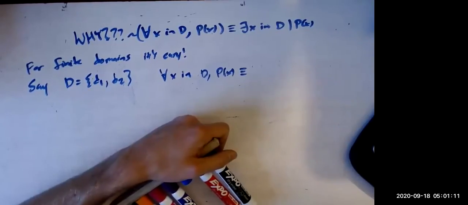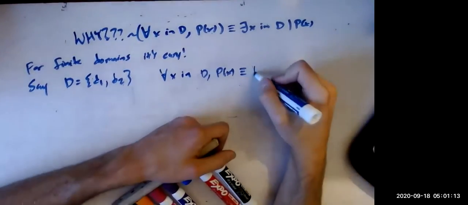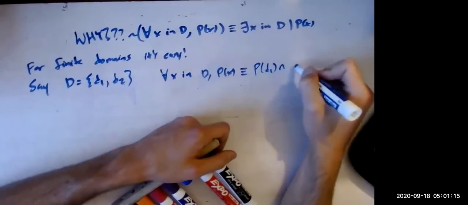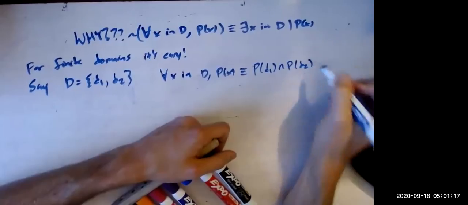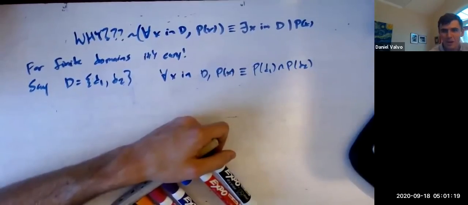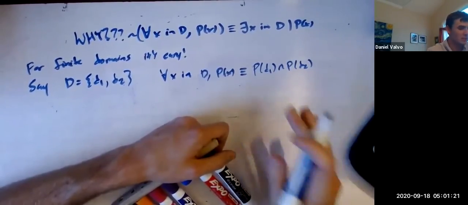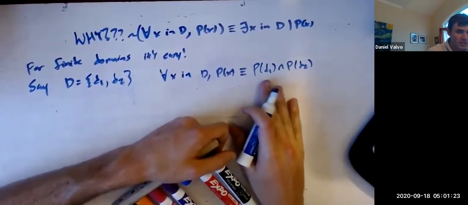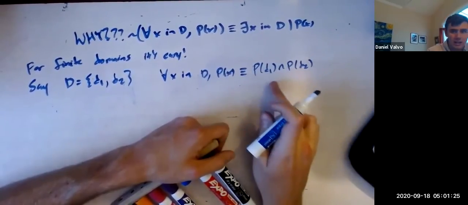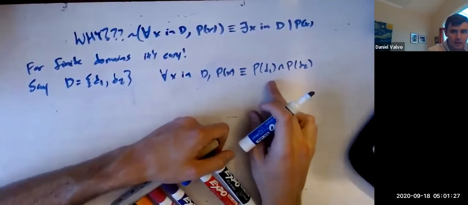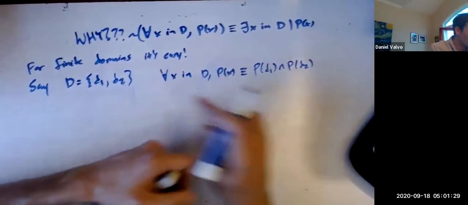Isn't it just saying P of D1 and P of D2? Yeah, exactly. A for all statement with two elements is just saying the first one's got to be true, the second one's got to be true. Remember, this is a predicate, so if you plug in any value, you're going to get a statement.